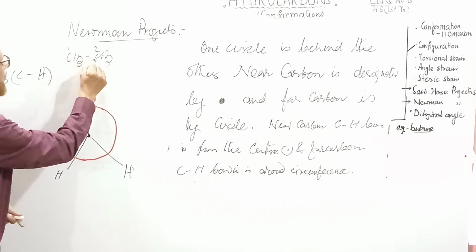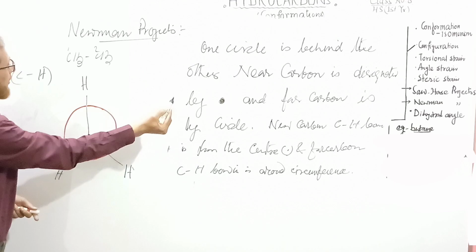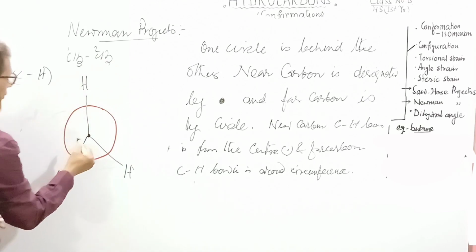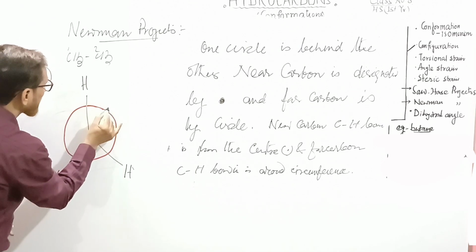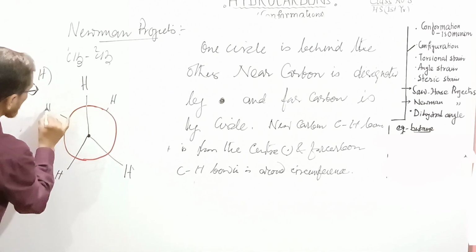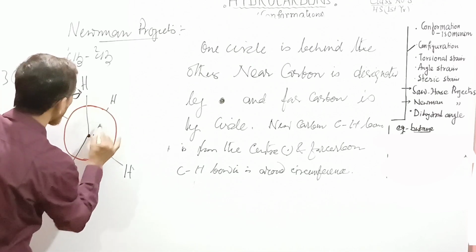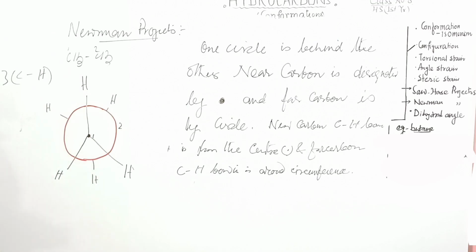And now that red circle is nothing but the far carbon, represented by carbon 2. It has also got 3 CH bonds. So one CH bond on the circumference, that is H, that is H, and that is H. So this is carbon 1, and the whole red circumference is carbon 2.